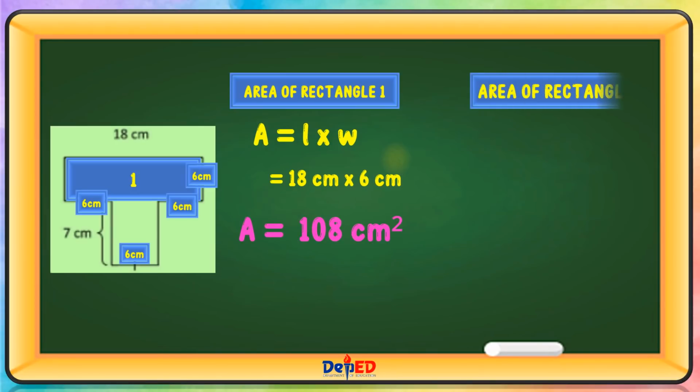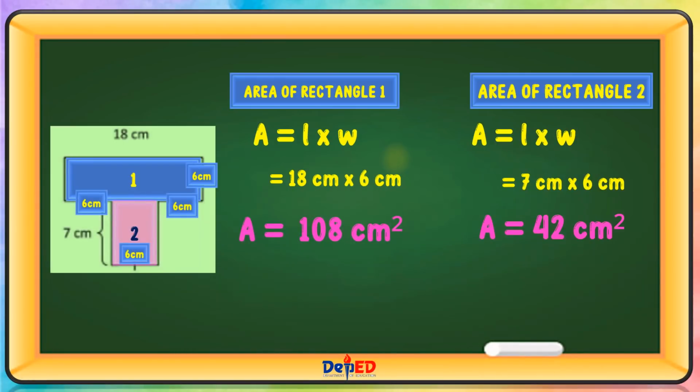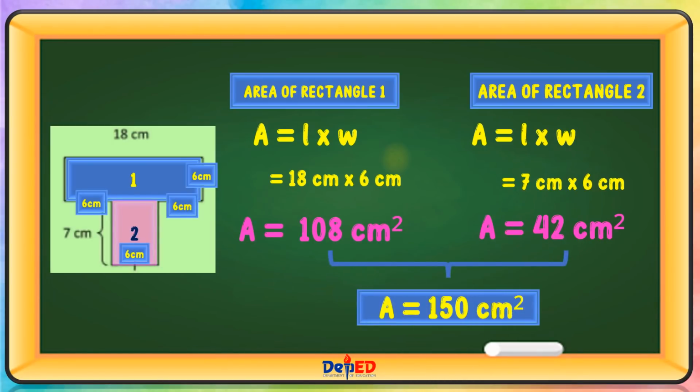Ang ating area of rectangle 2 naman ay mayroong length times width na 7 cm times 6 cm equals 42 cm squared. 108 centimeters squared at 42 centimeters squared ay 150 centimeters squared.